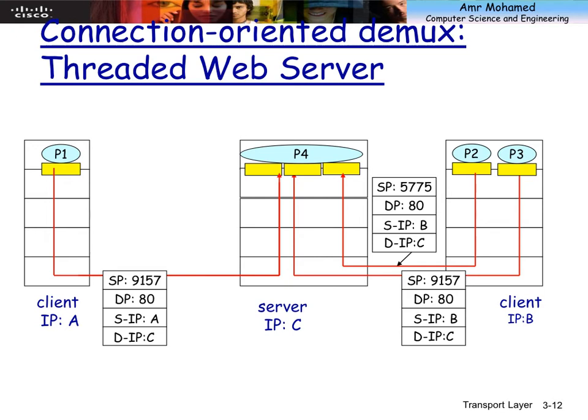Okay? So the server has the flexibility whether to instantiate different processes to communicate with each client. Of course, this will be much more expensive. To instantiate a new process every time you have a new client, this is very expensive, right? Instantiating a new process from the operating system point of view is a very expensive process, because the process has its own buffer, its own handling.